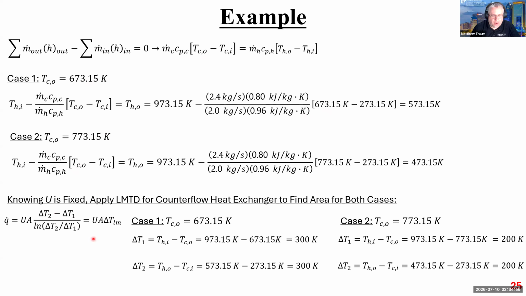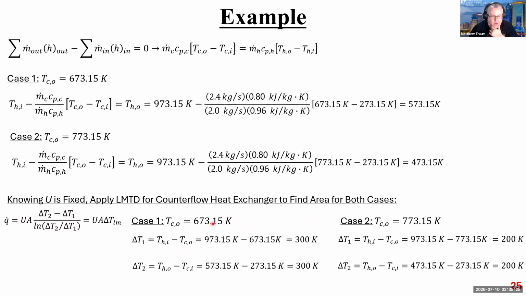Okay, so what I need to do, at least what I think I need to do, is find heat flux. And so I'm going to use my heat flux LMTD equation here. And I need to plug in these delta T's, and to find the delta T's, I need to know what the delta T is for these two cases, right?